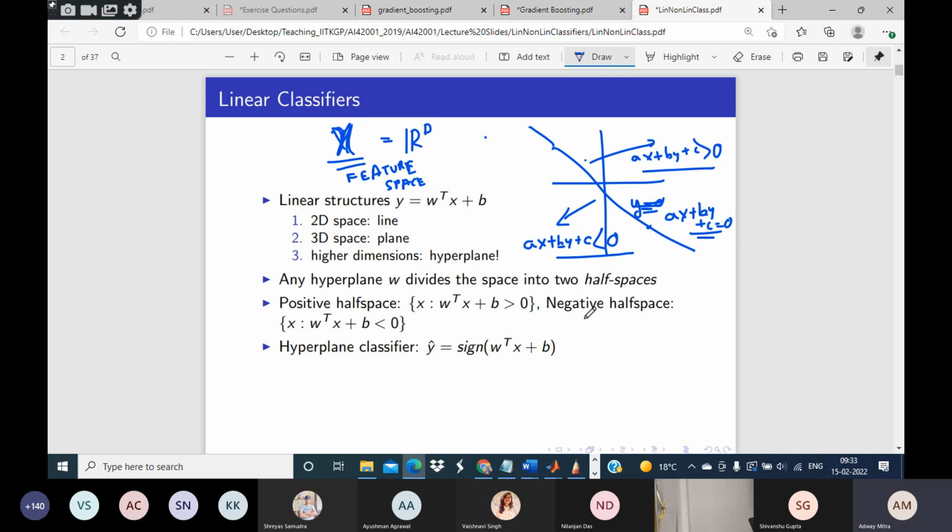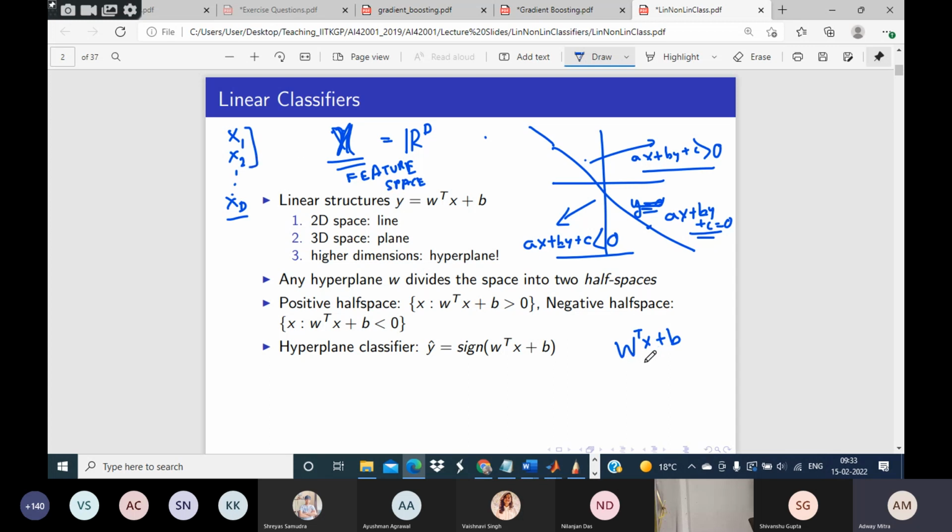Now instead of writing the equation of the line as ax plus by plus c, I can also write it in this way. Typically when we are dealing with the feature space, I do not consider the two coordinates to be x and y. Rather, I consider the coordinates to be x1, x2 up to xd. In the special case that d equal to 2, there are only two coordinates, x1 and x2.